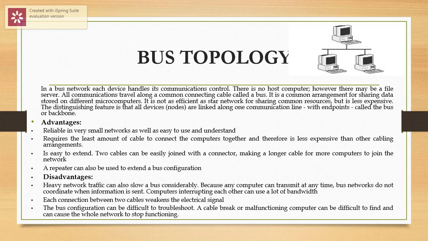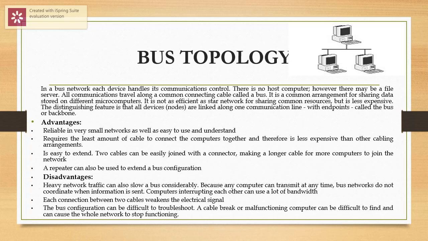It requires the least amount of cable to connect the computers together, and therefore is less expensive than other cabling arrangements. It is easy to extend. Two cables can be easily joined with a connector, making a long cable for computers to join the network. A repeater can also be used to extend a bus configuration.